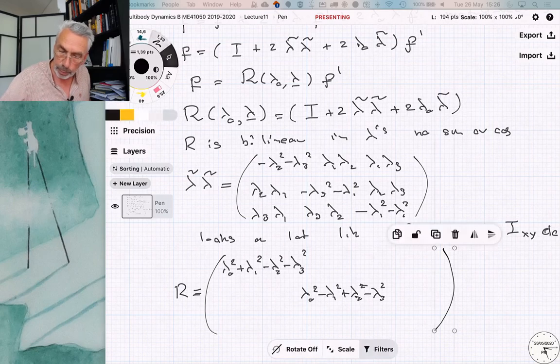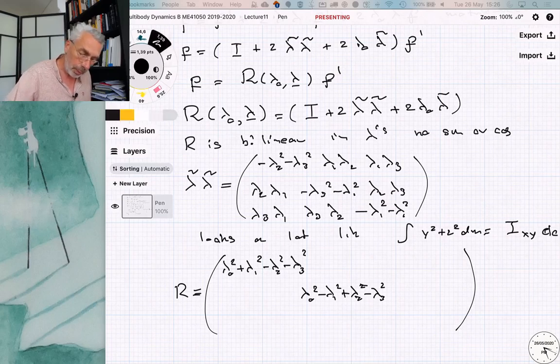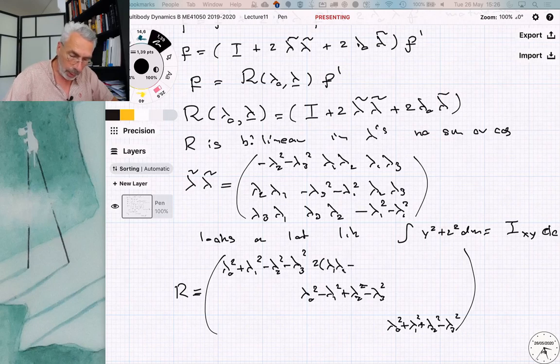And then the last one is lambda 0 squared minus lambda 1 squared minus lambda 2 squared plus lambda 3 squared. Then on the off-diagonal terms we get lambda 1 lambda 2 minus lambda 0 lambda 3, and here I get 2 times lambda 1 lambda 2 plus lambda 0 lambda 3.